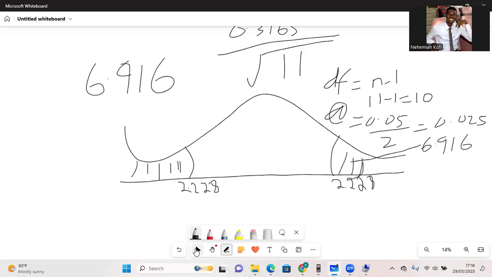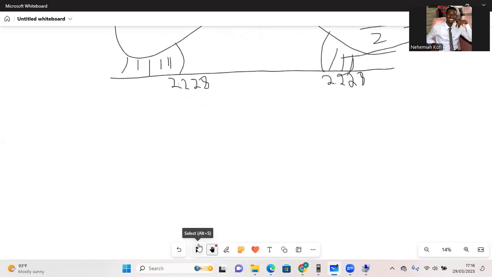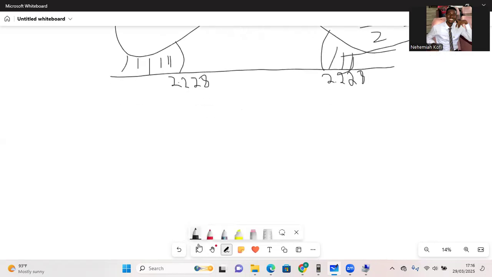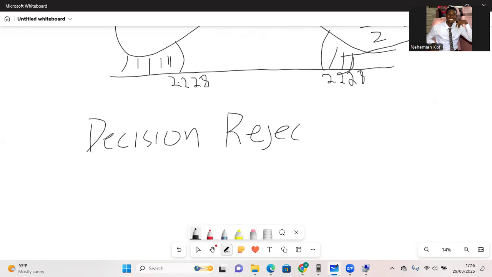No, I think the conclusion, so here, they are rejecting H0. So the decision is reject H0. Then the conclusion will be... you can write it, but I'll say it.